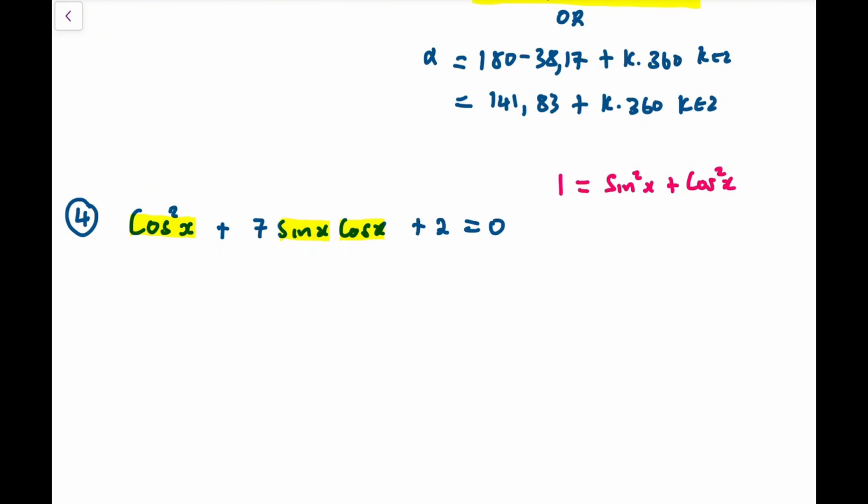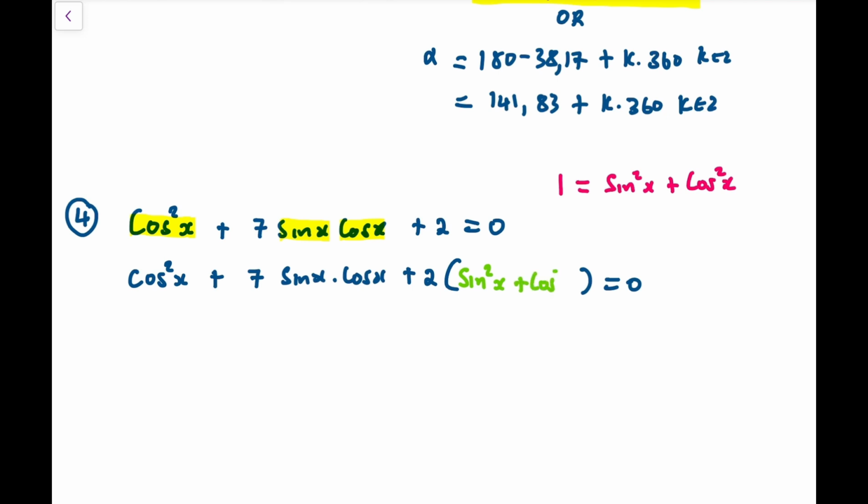Now, we can write this as cos squared x plus 7 sine x multiplied by cos x plus 2. Now, I am going to multiply this 2 by 1. Remember, when you multiply anything by 1, it remains the same. So my 1 will be sine squared x plus cos squared x.